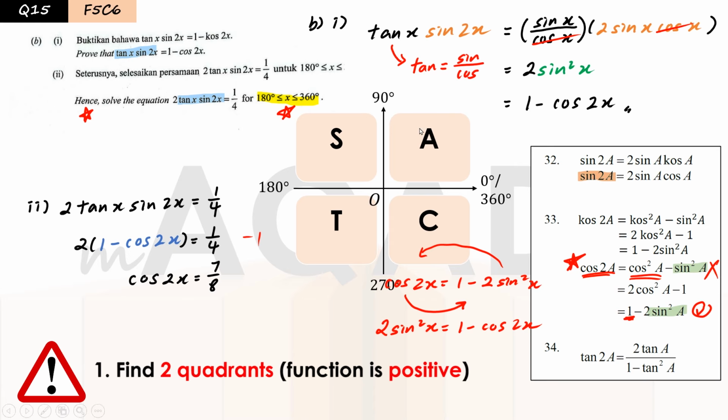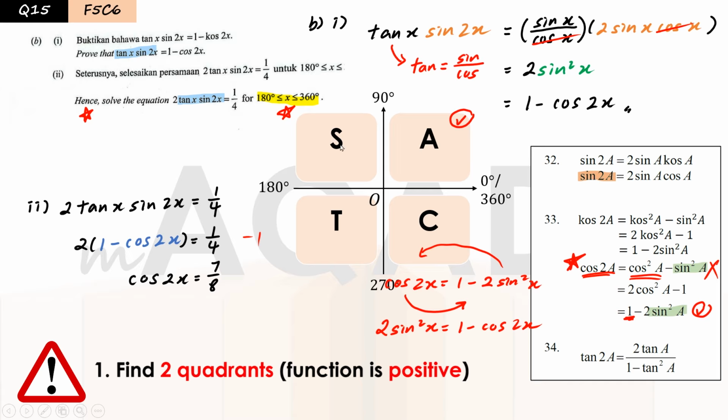A stands for all. All here means for sine, tan, and cos, all of the functions are positive. So this is one of the quadrants that we can select, because cos is positive.